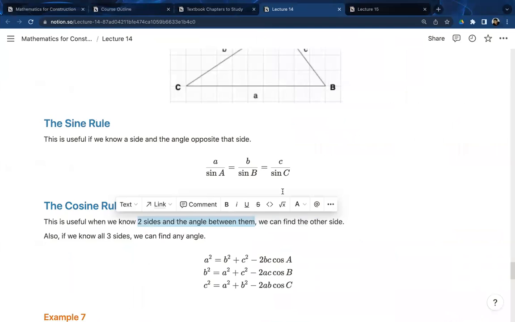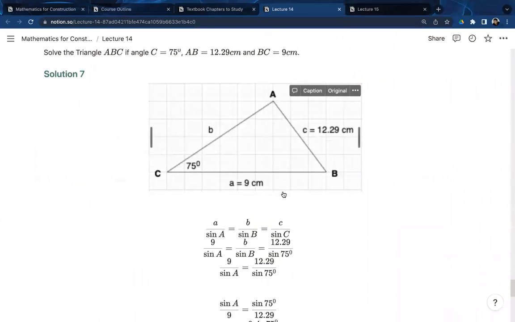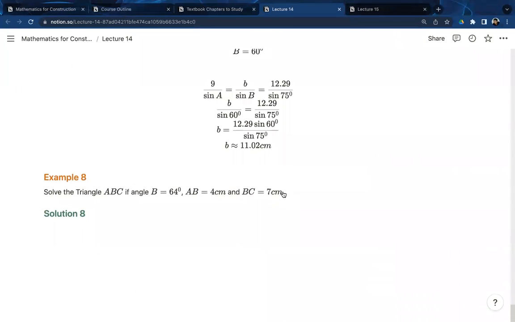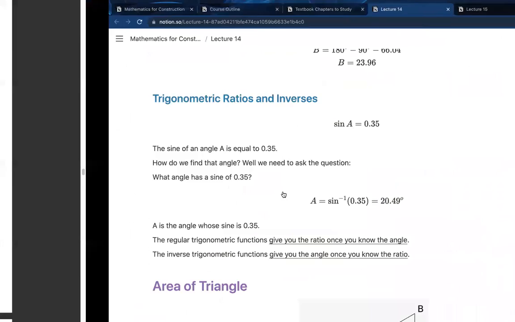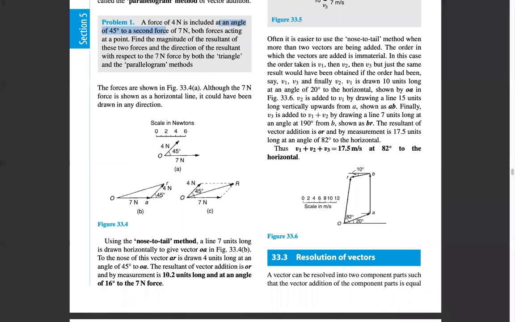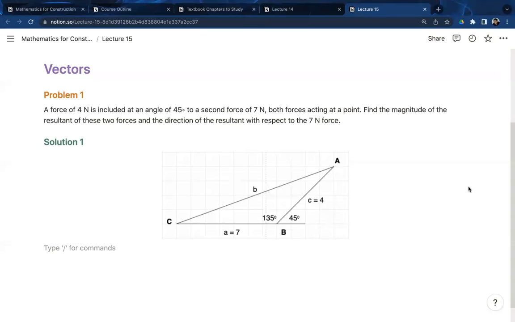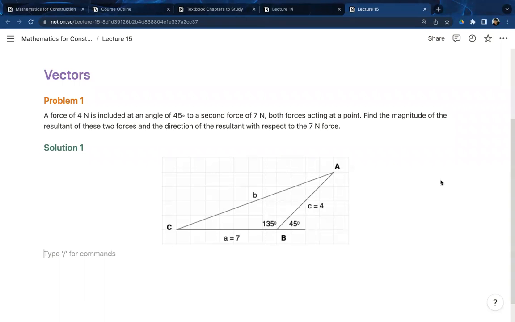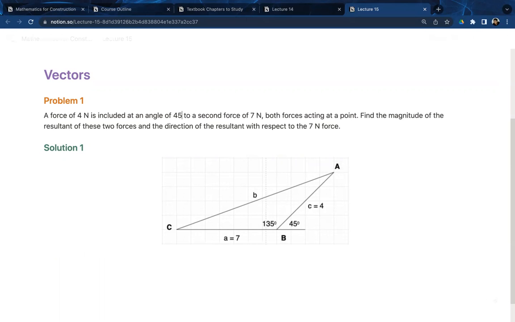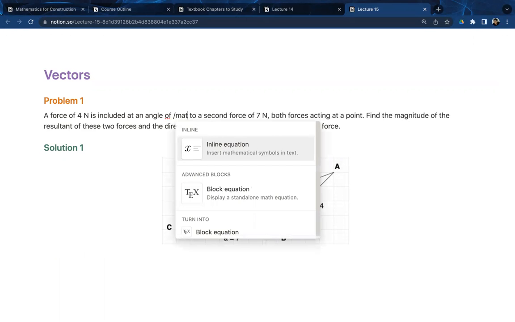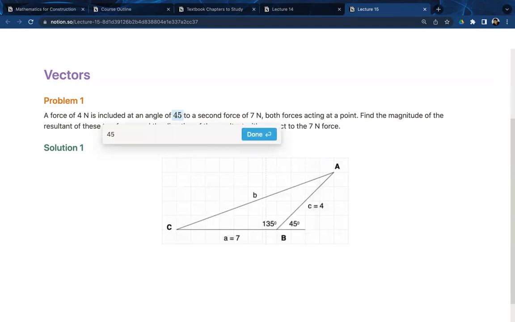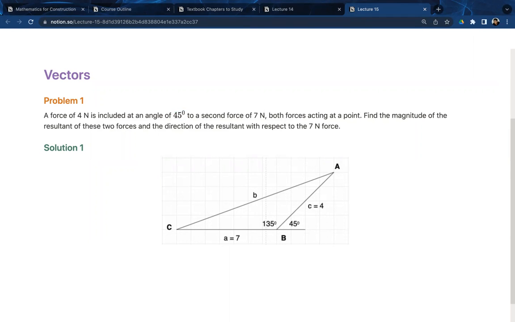So could we do that? Could we draw a triangle and solve that calculation? Let's see if we could try. So the question now, 4 Newton force is at an angle 45 degrees to a second force. Both forces act on a point.